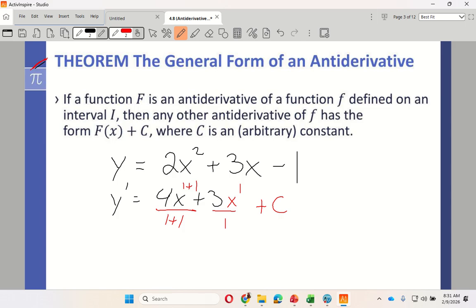And so putting it back to what it would be, I would have y equals, from here, 4 divided by 2, it's 2x squared plus 3x plus c.